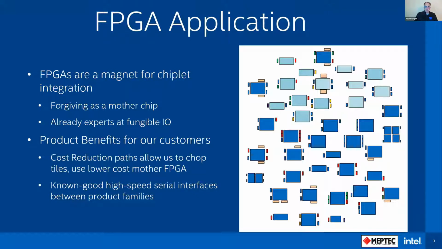We have HBM. We have application-specific tiles designed by other vendors. FPGAs are a magnet for chiplet integration. The main thing is they're quite forgiving as a mother chip, so we have the ability to wrench on the logic if there's an issue.